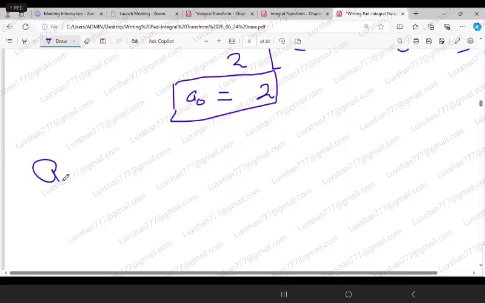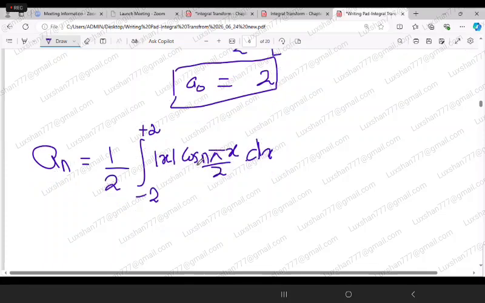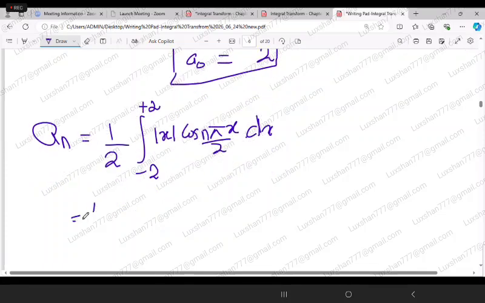Now we want to find out a n. So a n is equal to 1 over 2, L is 2, integration minus 2 to plus 2 of mod of x into cos(n pi x over L). Our L is 2. So this is equal to half times.